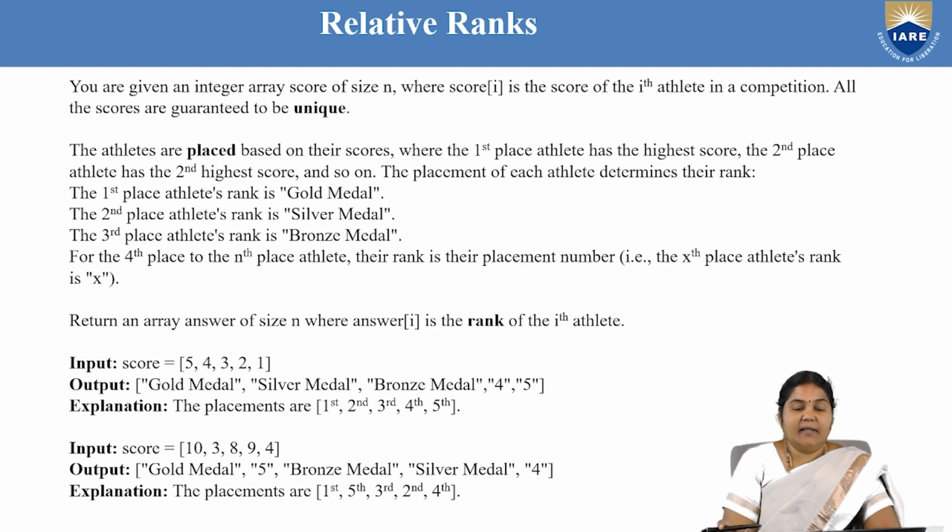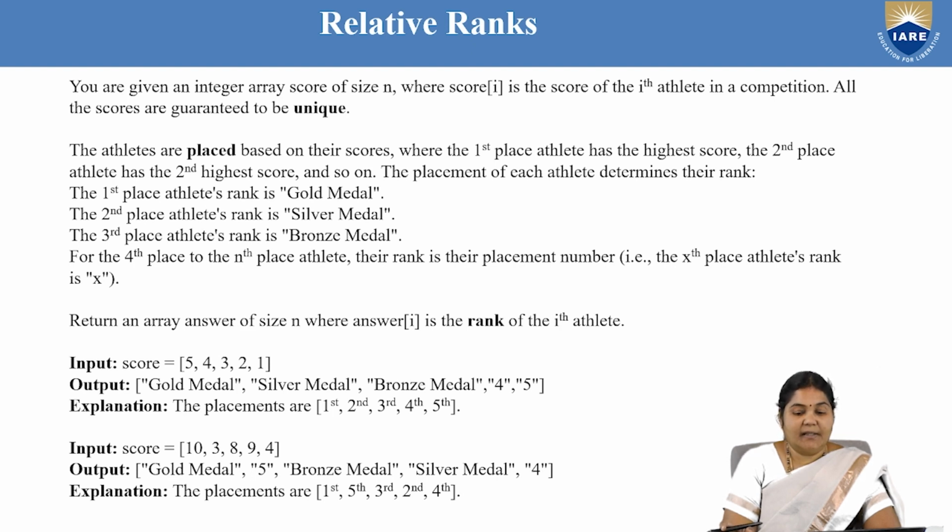If any athlete has got the first highest score, then we have to write their rank as gold medal. If the athlete has got the second highest score, then we have to write the rank as silver medal. And for the third highest score, we have to write bronze medal. But from fourth place to nth place, their rank placement should be a number.